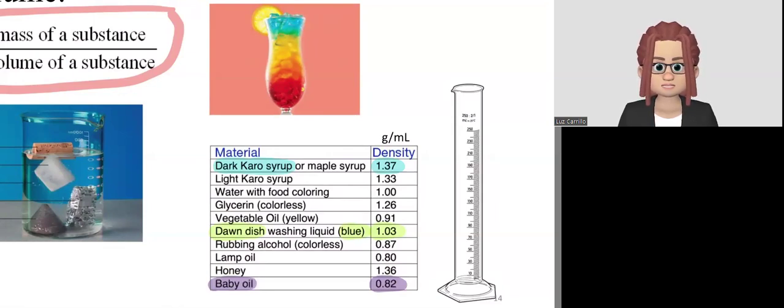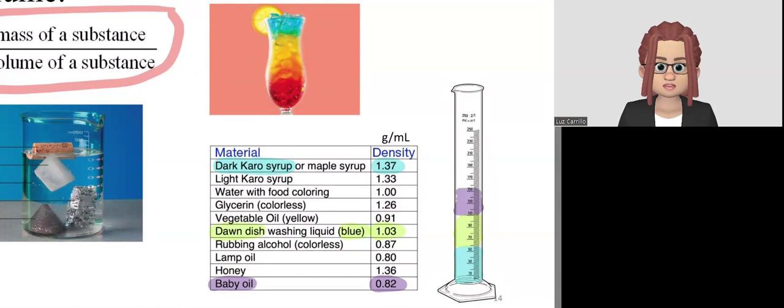So based on the substance's densities, if you determine that the dark Karo syrup will be in the bottom, that is correct because it's the most dense out of the material, followed by the dishwash soap, and lastly, the baby oil.